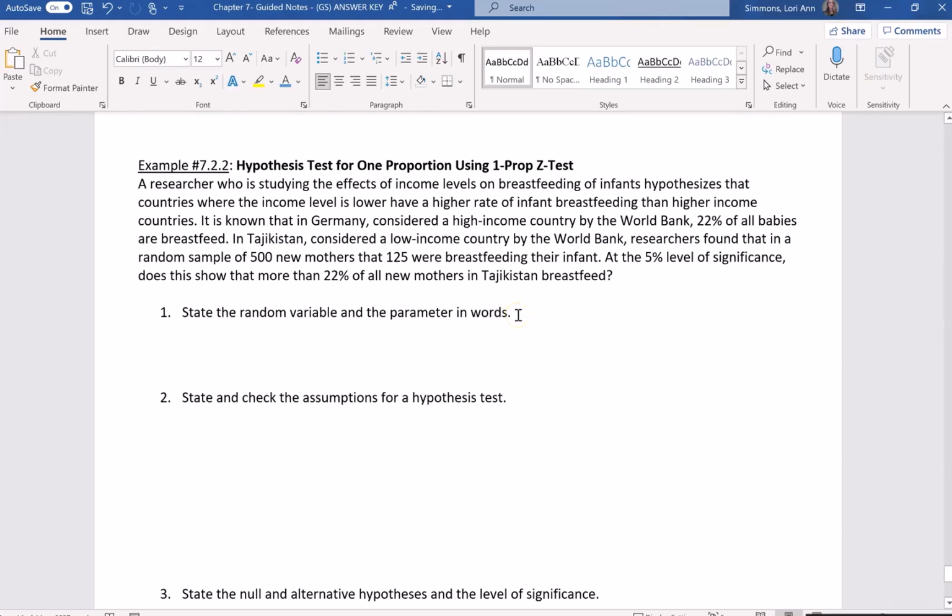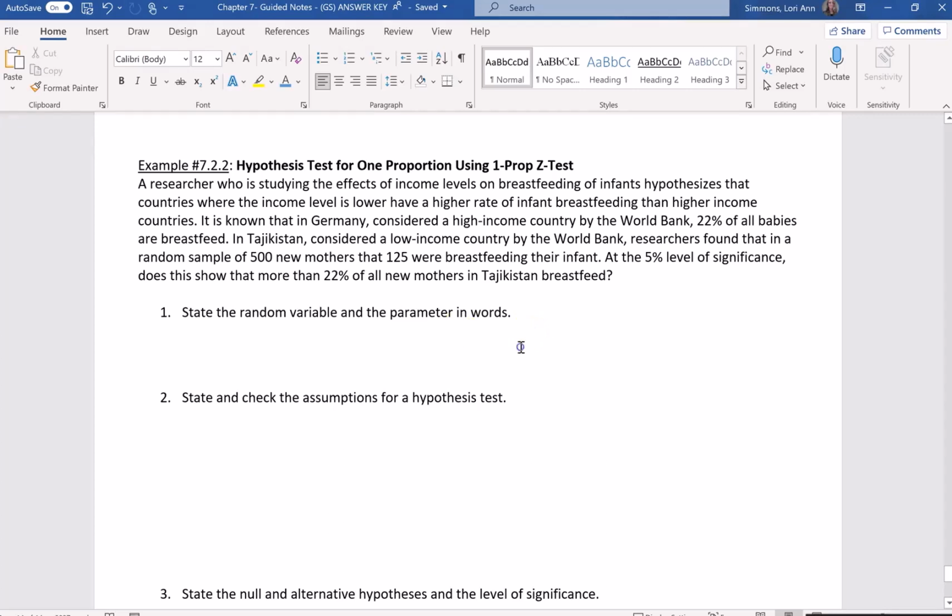In Tajikistan, considered a low-income country by the World Bank, researchers found that in a random sample of 500 new mothers, 125 were breastfeeding their infant. At the 5% level of significance, does this show that more than 22% of all mothers in Tajikistan breastfeed?